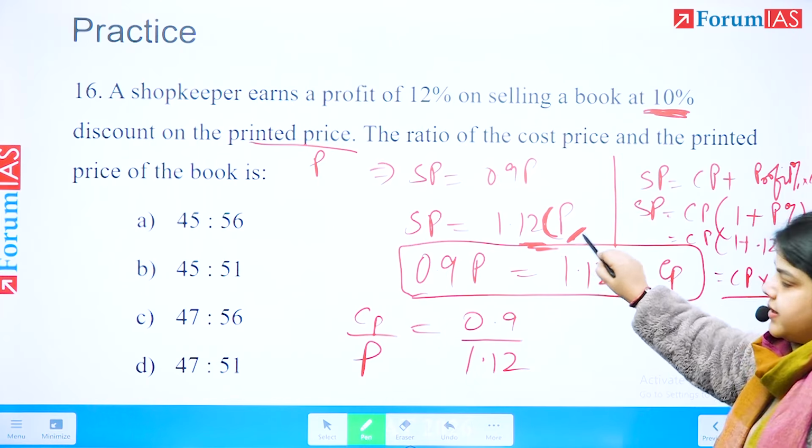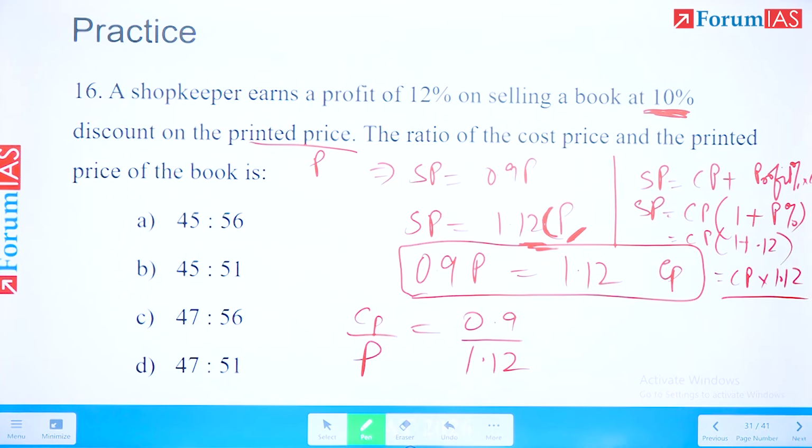Exactly what we've written here. It is 12% more. Clear hai? Let's change the question.